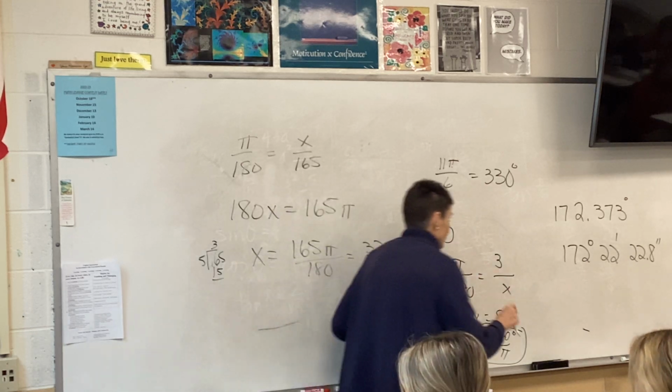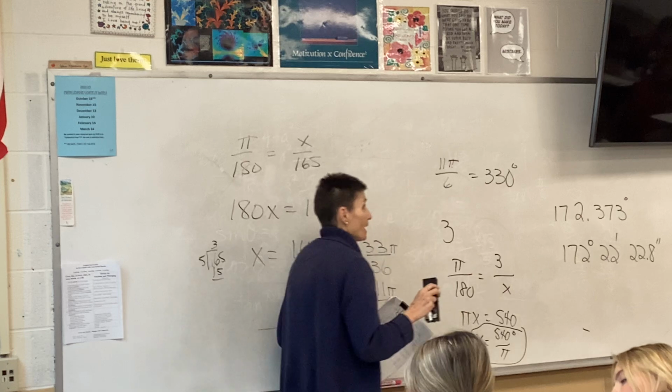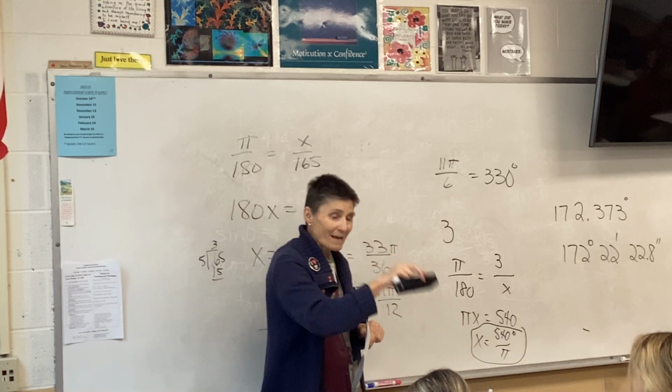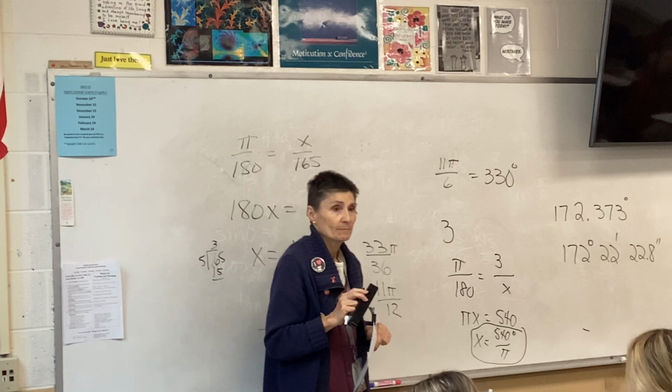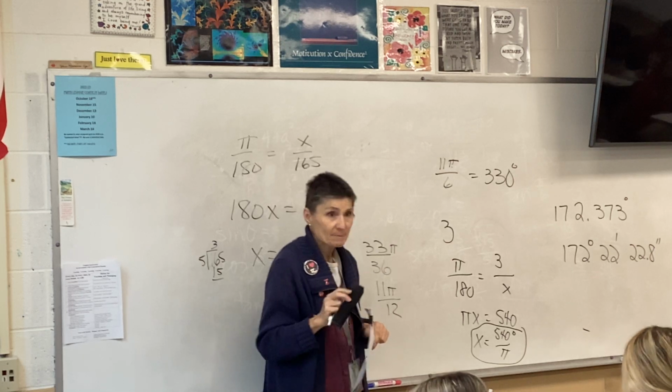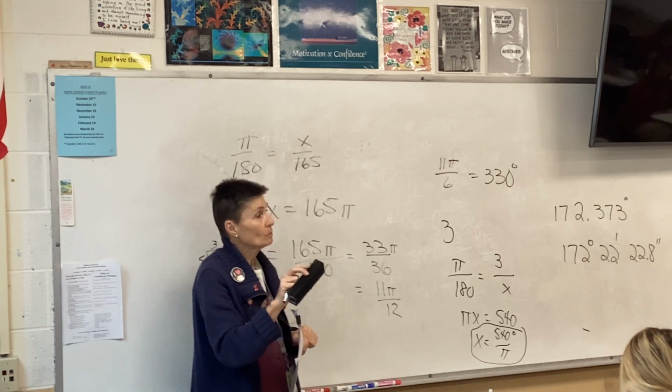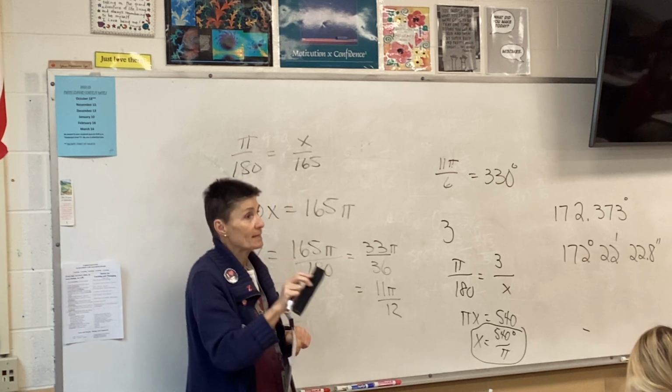So again, if you forgot between yesterday and today, write down how to do that, because I'm not going to keep telling you. You need to know. You type in your decimal, second angle DMS.